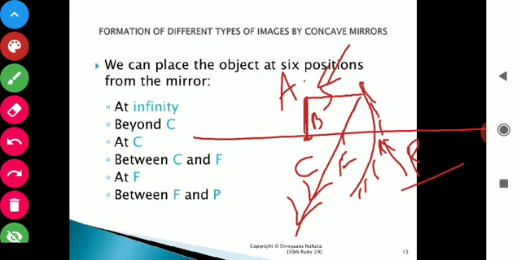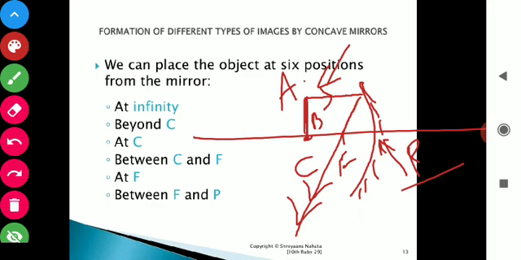Now we will try to apply the third rule. According to the third rule, the line should pass through the center of curvature, but here the object is at the center of curvature, so we cannot apply the third rule. Why? Because we cannot pass any line through the center of curvature. So here we will apply the second rule.